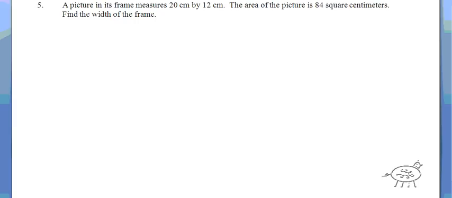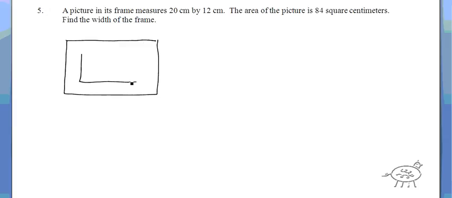Okay, this one you have to draw a picture. A picture in its frame. So let's draw this. First of all, I have a frame, and then I have my picture inside the frame.